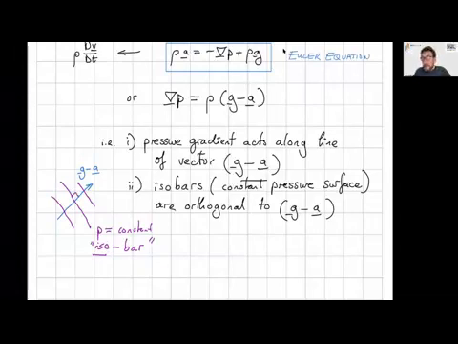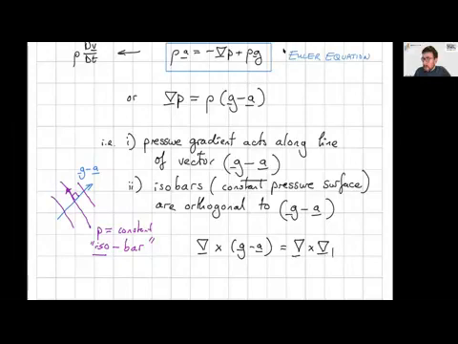How can I see that? Well, I can see that quite easily by thinking about constructing something that was the combination of a line along a line of constant pressure and g minus a. I could think about taking the curl of g minus a. And the curl of g minus a is nothing but the curl of grad p, since we know that's the same as the gradient of pressure.